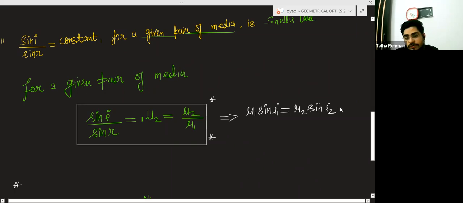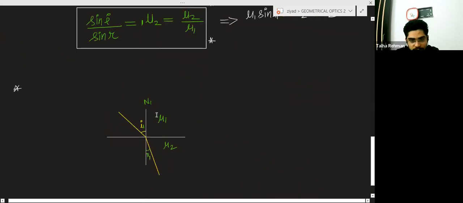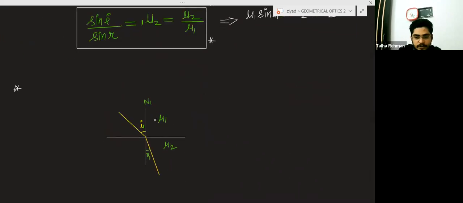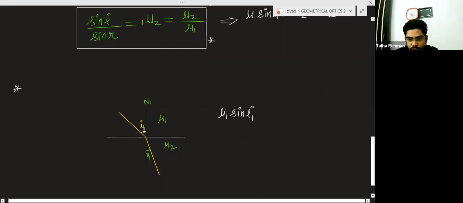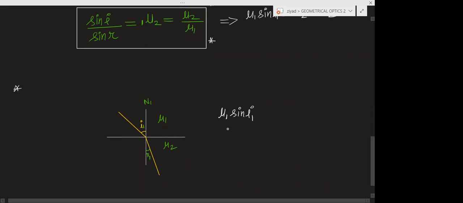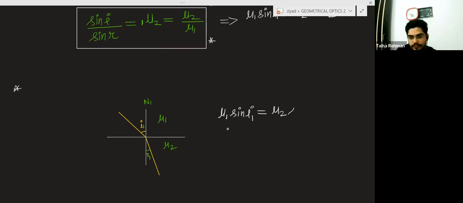This form of Snell's law we will apply for solving numericals. First you write the refractive index of medium 1 and the sine of the angle with the normal. So this is mu1, sine of the angle with the normal is sin I1, equal to mu2 into the sine of the angle with the normal, that is sin R2.